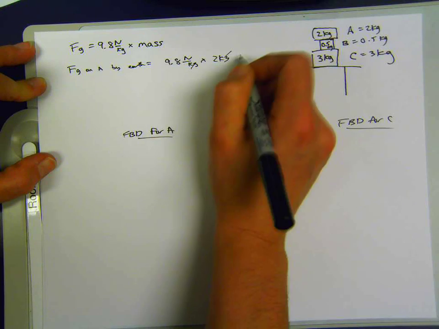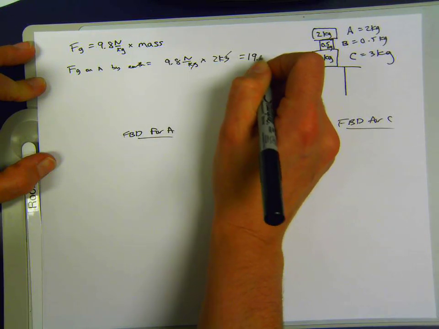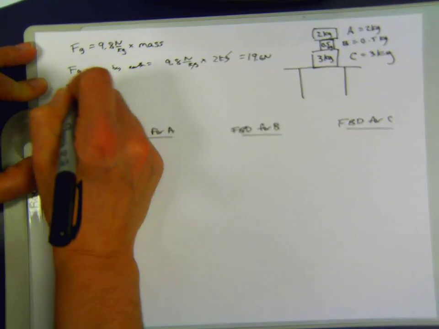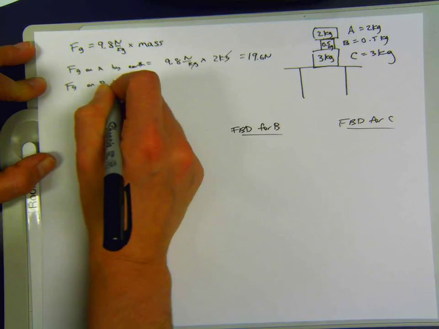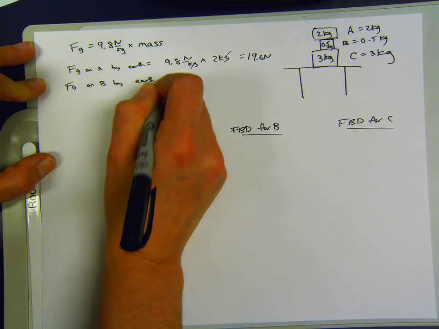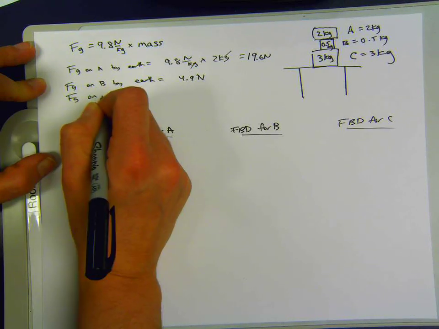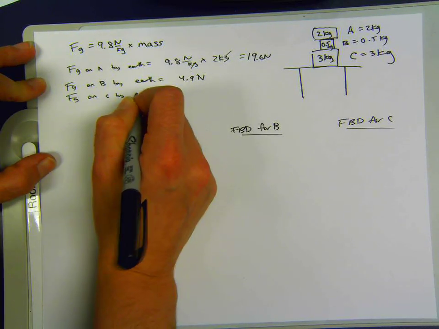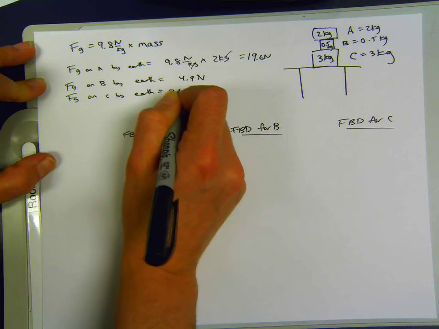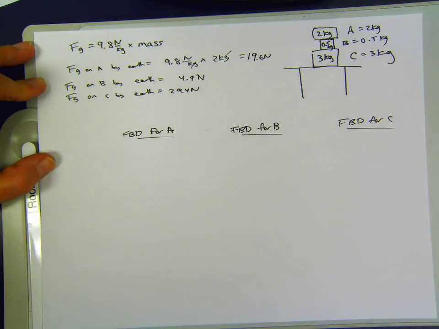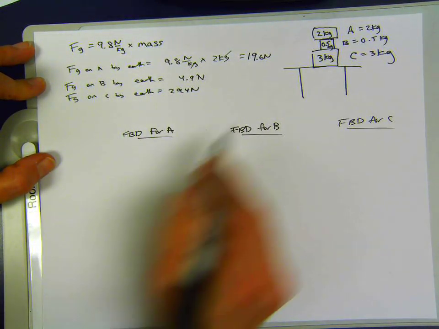The kilograms cancel, and I get 19.6 newtons. For force of gravity on B by Earth, I get 4.9 newtons, and for force of gravity on C by Earth, I get 29.4. I'll have those up there so that later when I need them, I can use them. But first, let's start with A.